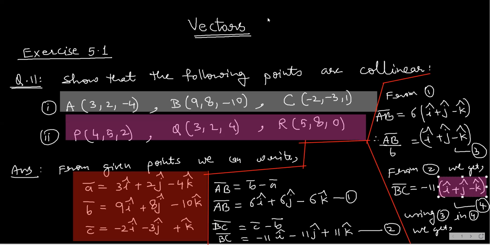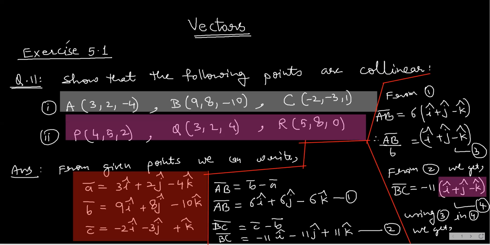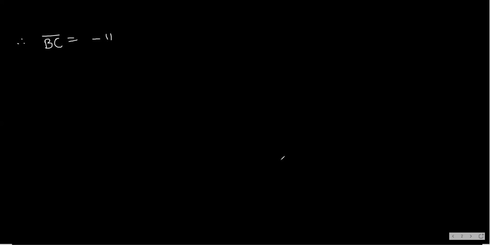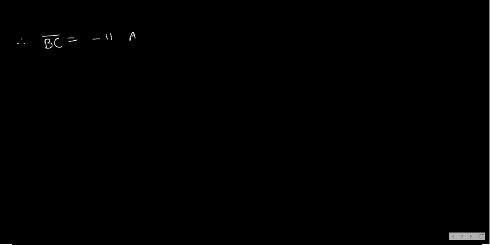So I get BC bar equals negative 11 into AB bar over 6. So this gets me BC bar equals negative 11 upon 6 AB bar.